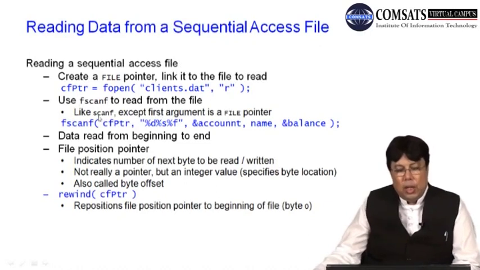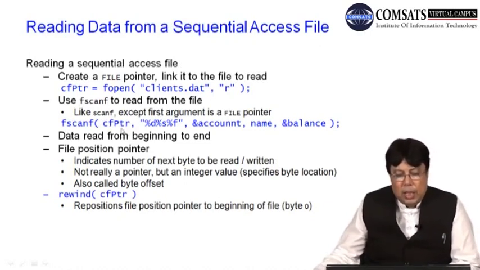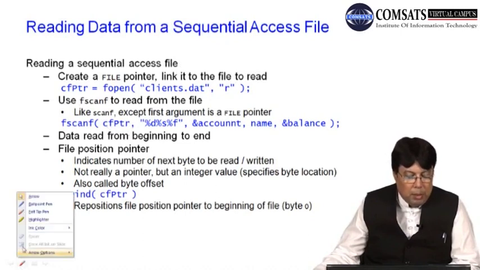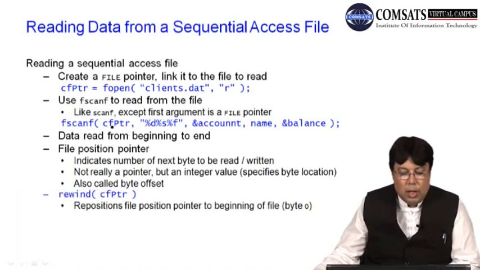This fscanf function has this additional argument, and let me pick up the pen first. This is the additional argument, and this is a pointer that indicates from which file you are going to read, and this is the format.